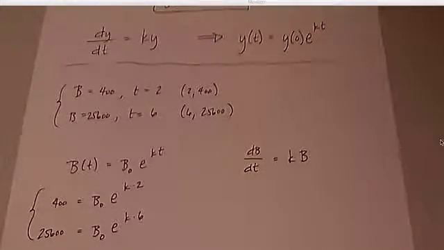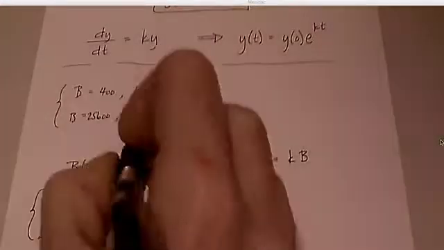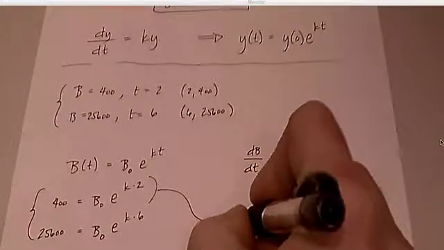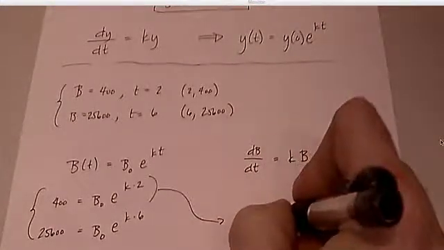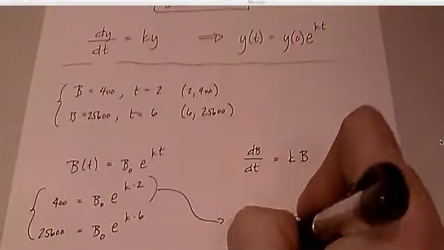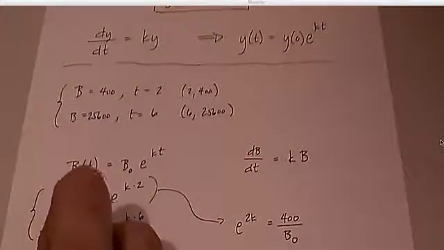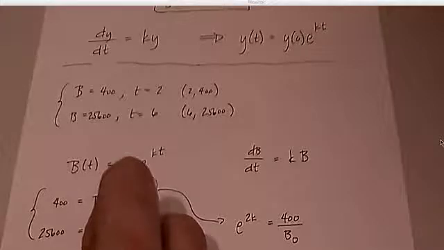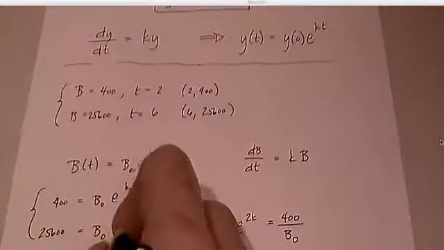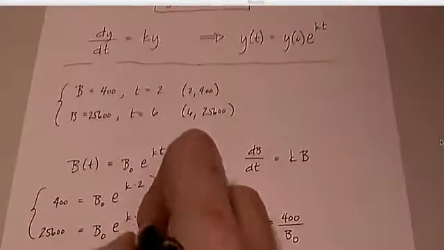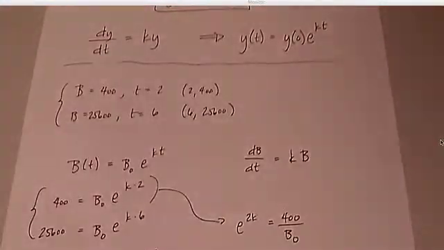And therefore you can do substitution in a number of ways. I'm actually looking for the fact that e to the 2k is obviously 400 over b naught. And this right here could be 25,600 is equal to b naught times 400 over b naught cubed, right?